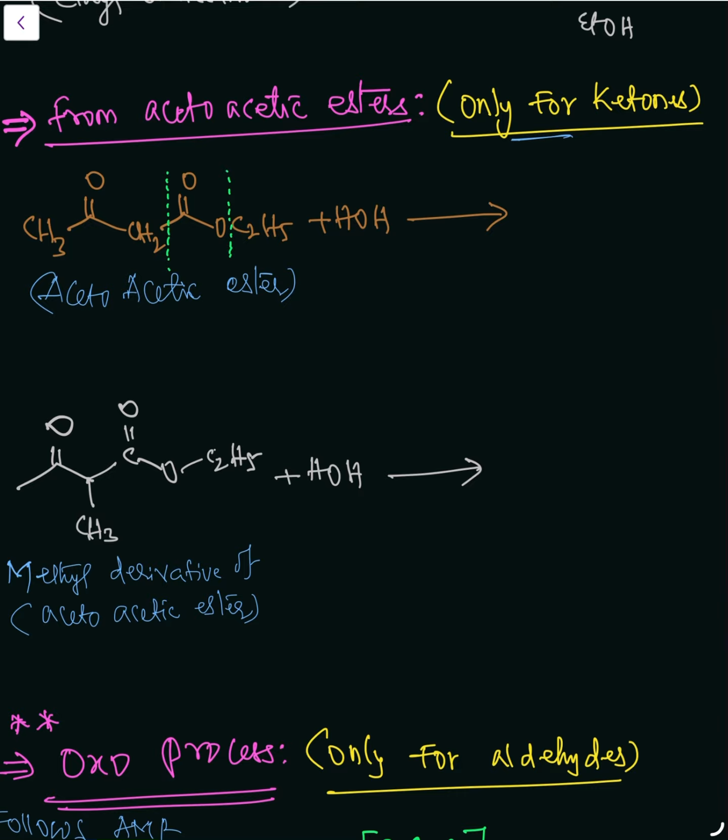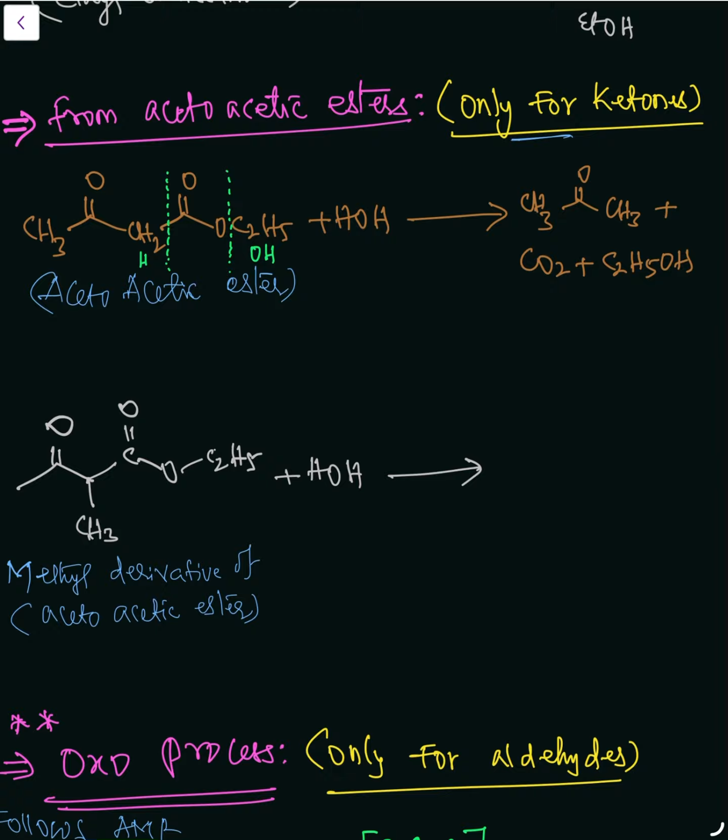Then addition of water takes place like this, HOH. Then the compound is CH3 C double bond O CH3 plus carbon dioxide plus C2H5OH. Ethyl alcohol is formed.